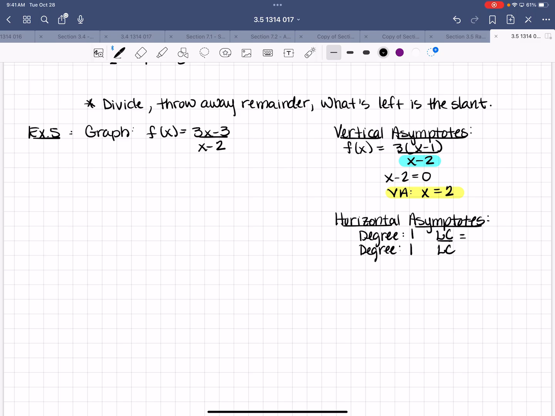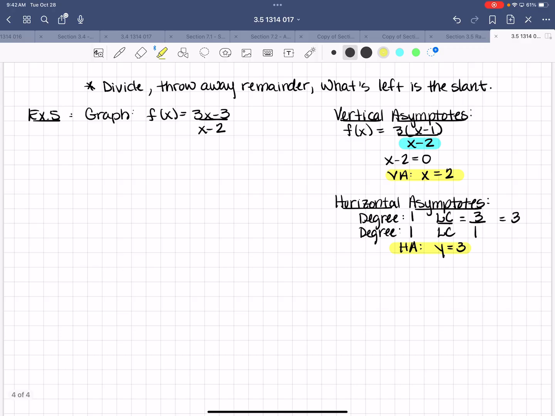What's the leading coefficient of the numerator? 3. How about the denominator? 1, and that will give me 3. So I will have a horizontal asymptote at y equals 3. Okay. All right, so we've got our vertical asymptotes, we've got our horizontal asymptotes. We're not going to have any holes. We're not going to have any slants since we had a horizontal, no slants.